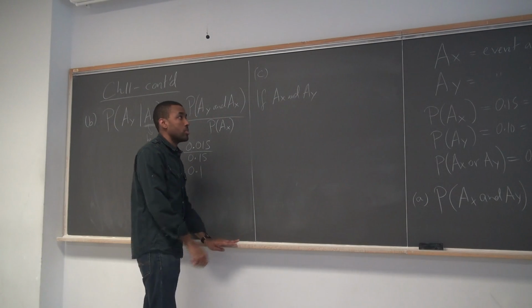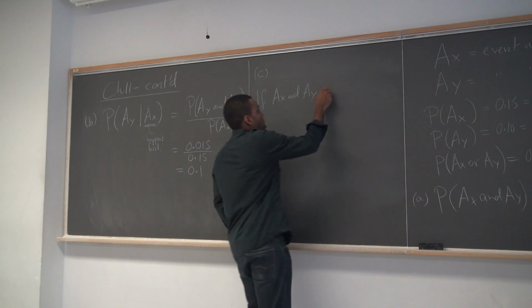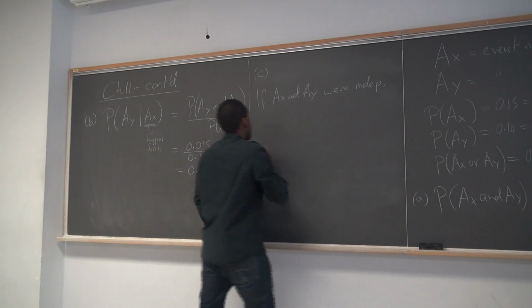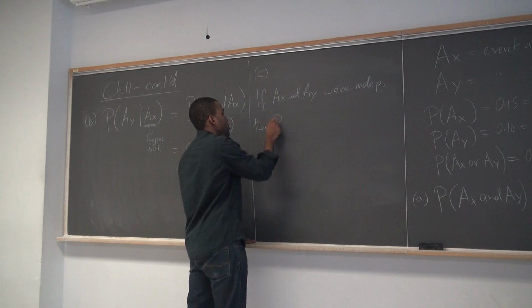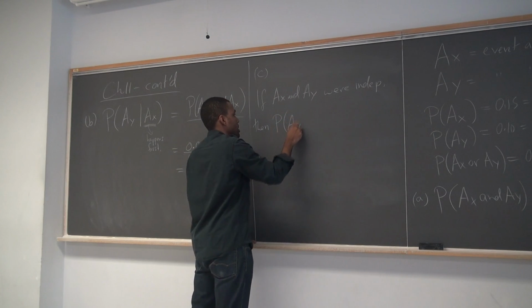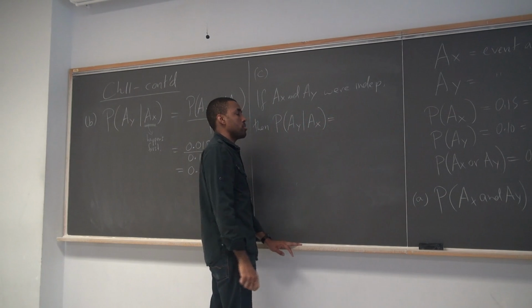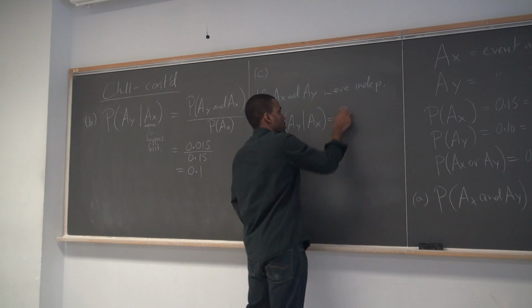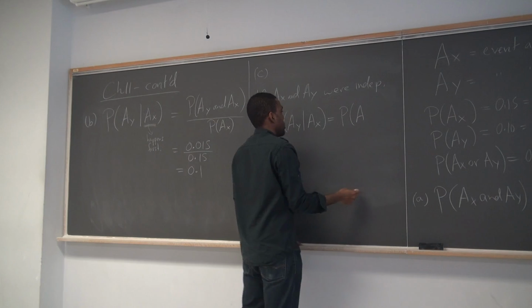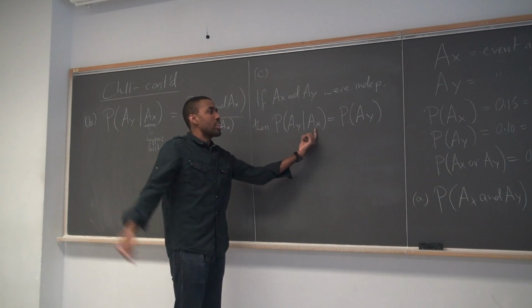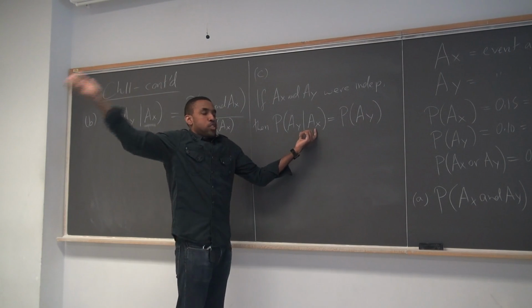Are they independent though? If these were independent, what would the conditional have to be? P of AY given AX would just be P of AY, right? If these are independent, then what you got in course X just wouldn't matter.